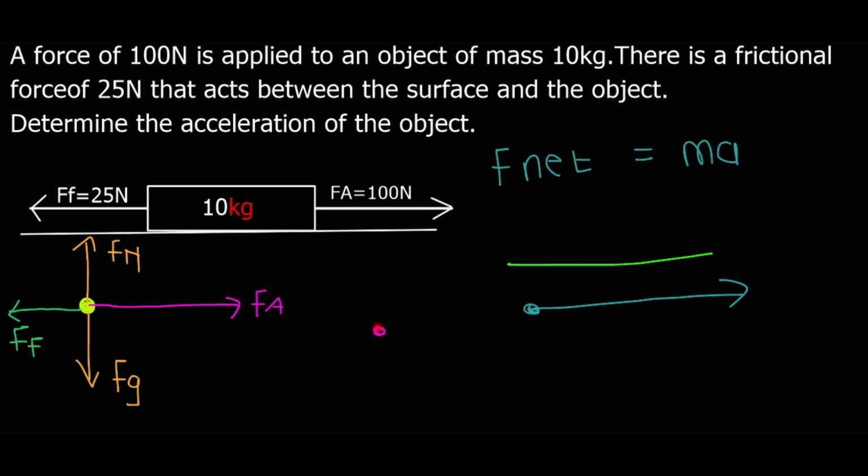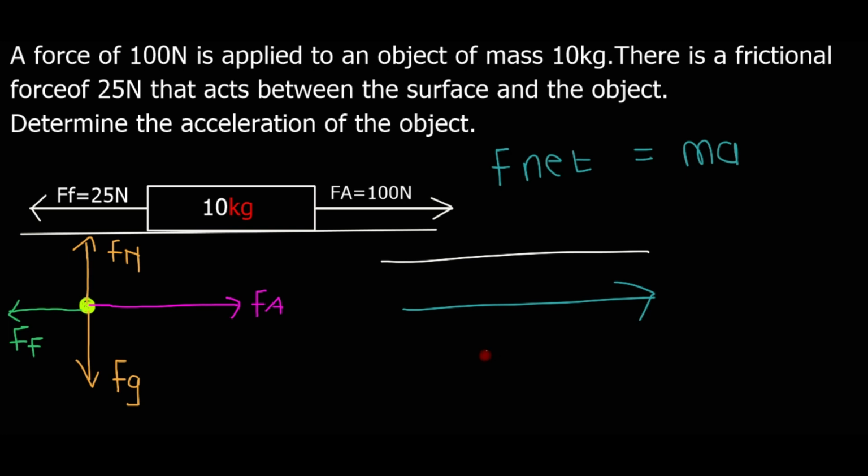For this object, we have the force applied, the frictional force, the force of gravity, and then the normal force. But let's look at the direction of motion first. This object is going to the right. Only the forces that are parallel to this direction of motion count.